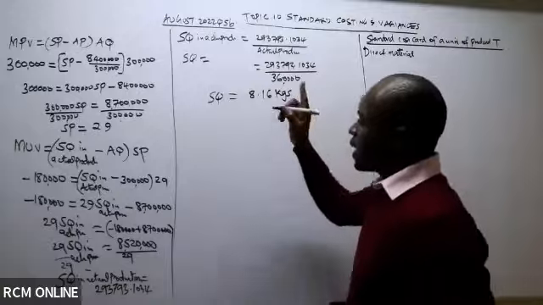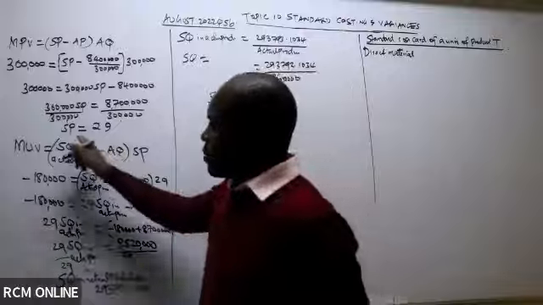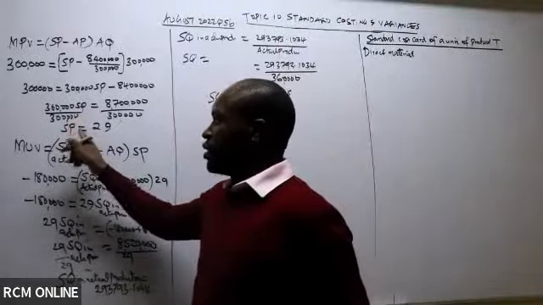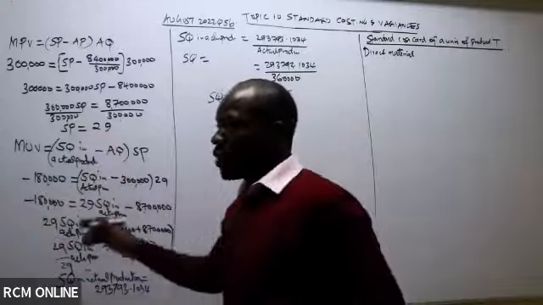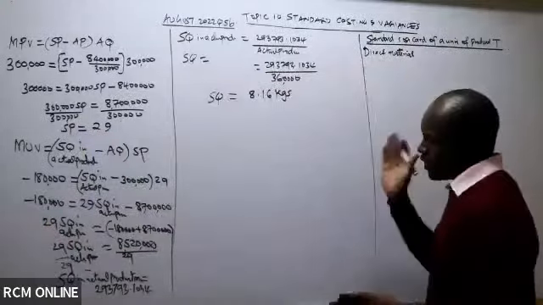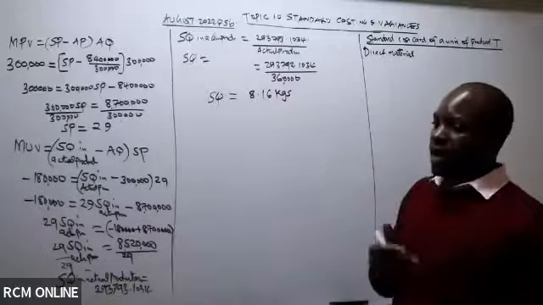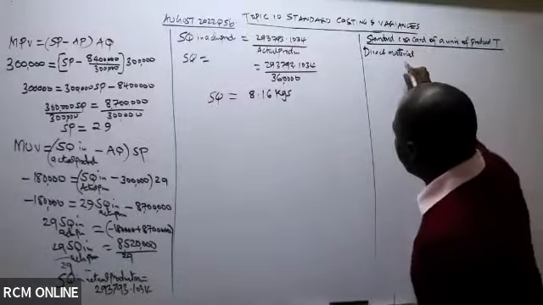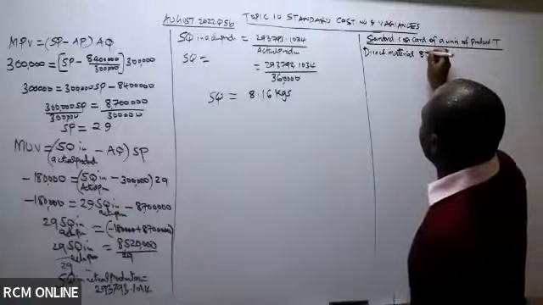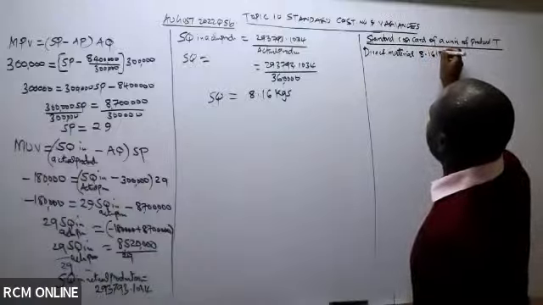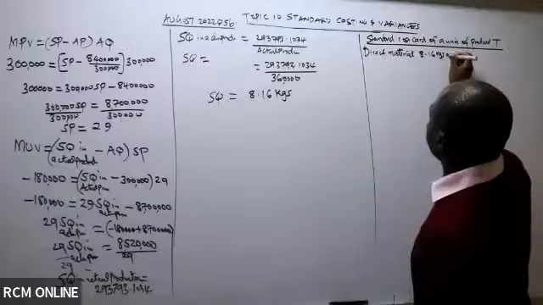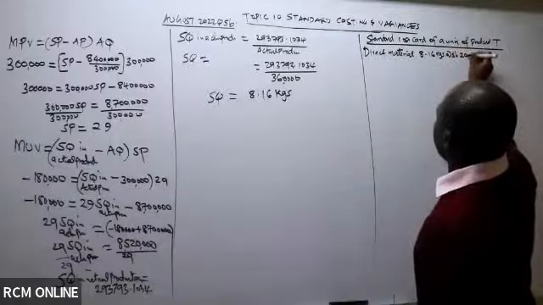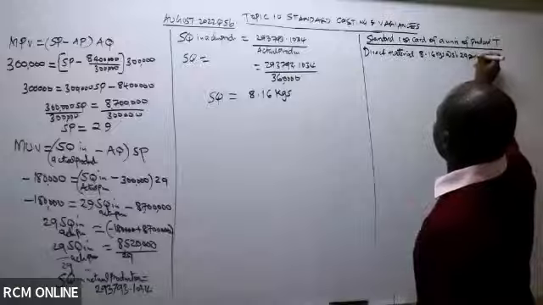8.16 kgs. The purchase price per unit of raw material is 29 shillings. So when you go to the standard cost card, just refer to what we are given under the standard cost card. They say direct material, so they need 8.16 kgs at shillings 29 per kg.